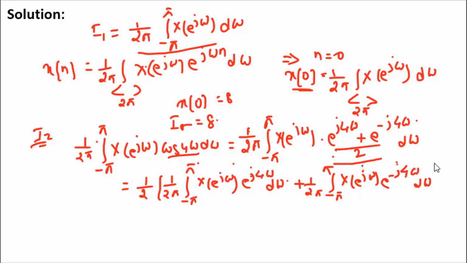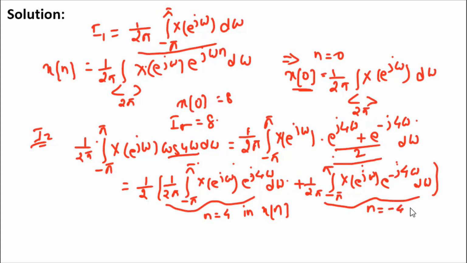When you see this expression, this is nothing but n equal to 4 in the x of n expression, and this is n equal to minus 4 in x of n, but your x of n is lying from minus 2 to plus 2 only.